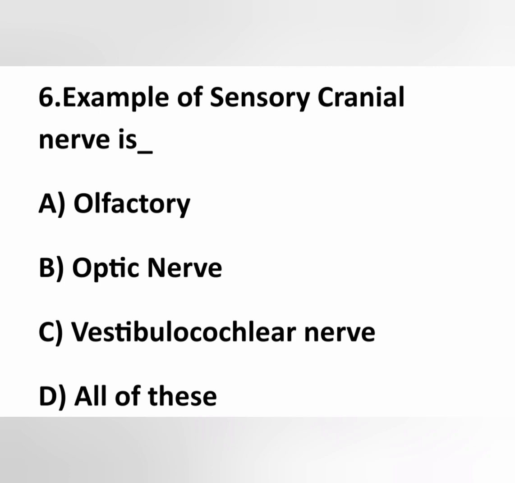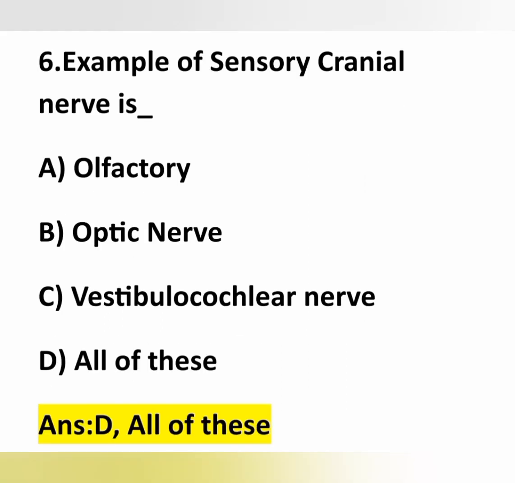Question number 6. Example of sensory cranial nerve is. Options are option A olfactory, option B optic nerve, option C vestibulocochlear nerve, and option D all of this. Here the question is which is the example of sensory cranial nerve, and the correct answer is option D, all are examples of sensory cranial nerve.